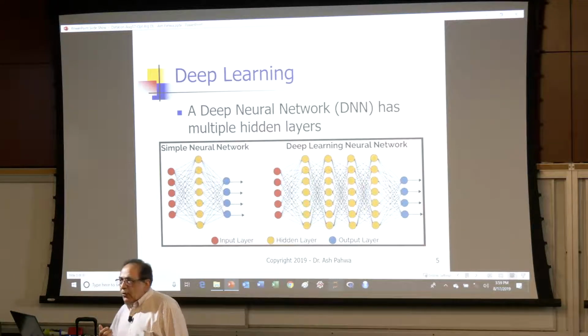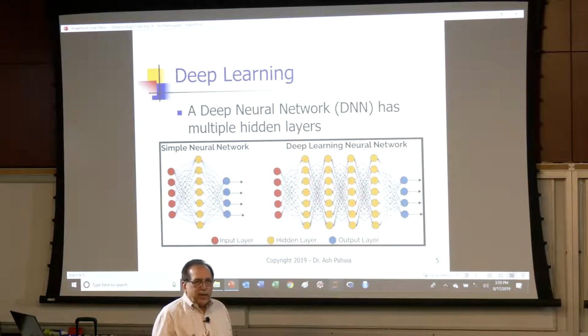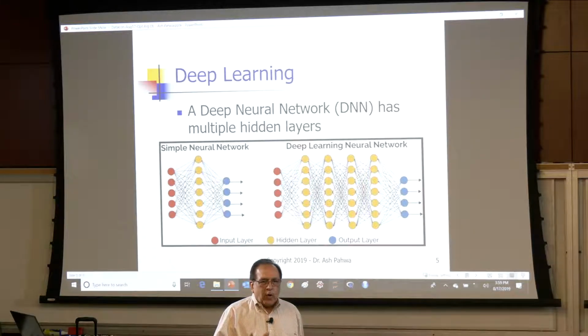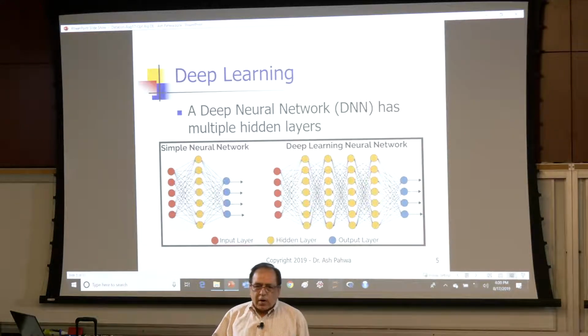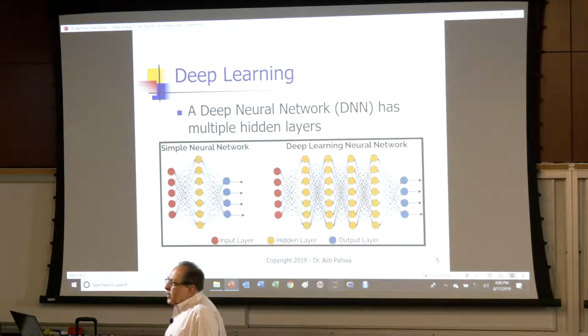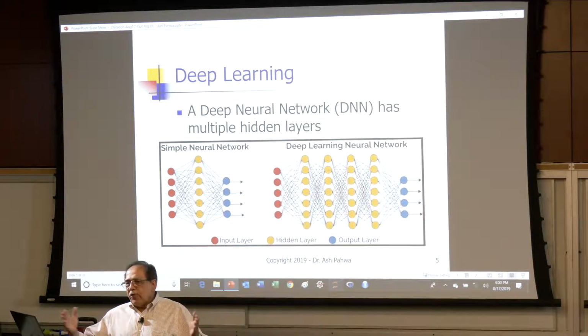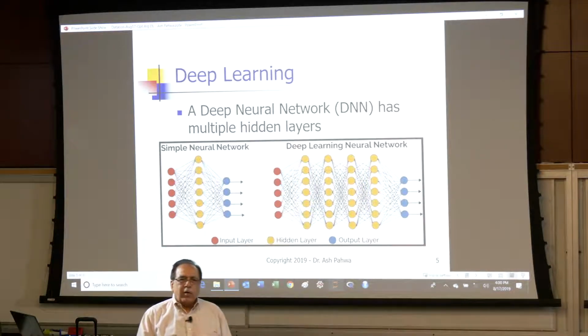Now I just want to tell you how many layers there are in a typical deep learning network model. If you are looking at object recognition systems that are used in autonomous cars like Tesla, they have around 150 hidden layers or more, depending upon what kind of network we are talking about.